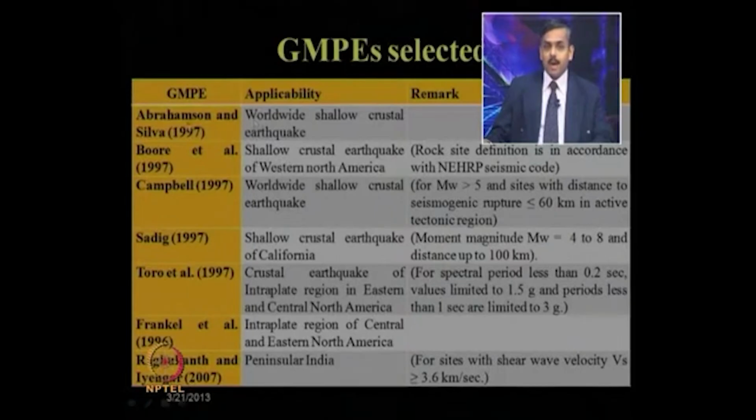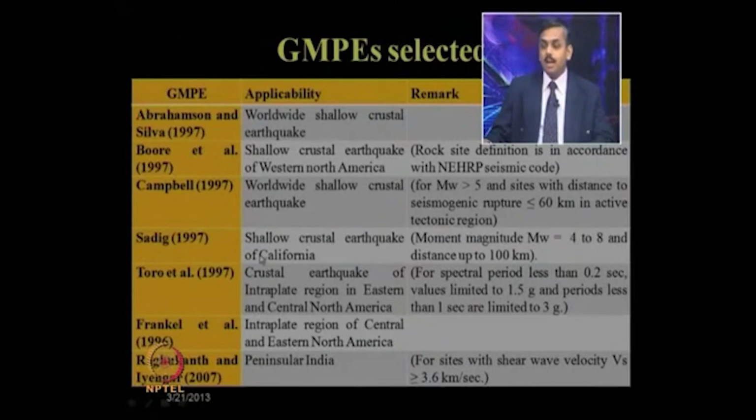Like the Abrahamson and Silva data, it is worldwide shallow crustal earthquake data. Okay? Whereas, the Boore et al. attenuation relationship is valid for shallow crustal earthquakes of the Western North America region. For Campbell, it is worldwide shallow earthquake data, and it is also mentioned as valid for Mw greater than 5 and sites with distance to seismogenic rupture within 60 kilometer in the active tectonic region.